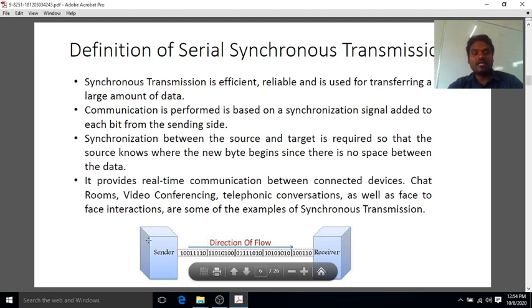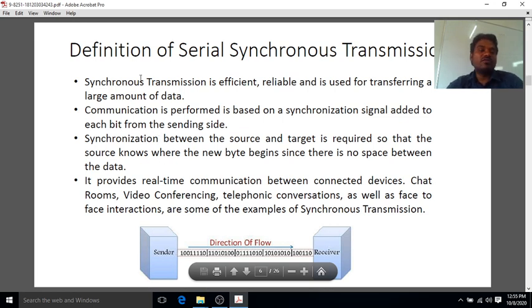Assume that there is a sender and a receiver. The sender wants to send data to the receiver, in the direction of the data flow. This is the data sent by the sender and received by the receiver.